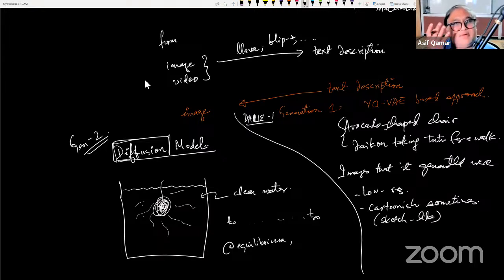Geometrically, it has a well-defined, quantified structure. You can tell this is water, this is ink. Are we together? We can make that distinction. But when equilibrium is reached at T equals infinity, then you can't tell. The ink and the water are all homogeneously mixed. So completely permeated. The ink has permeated the whole water content.